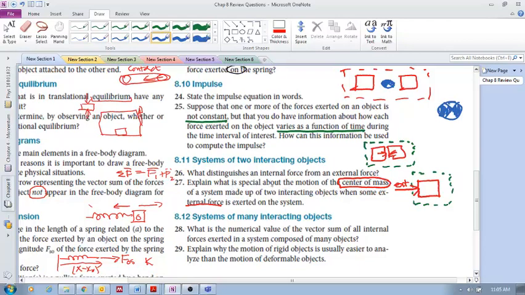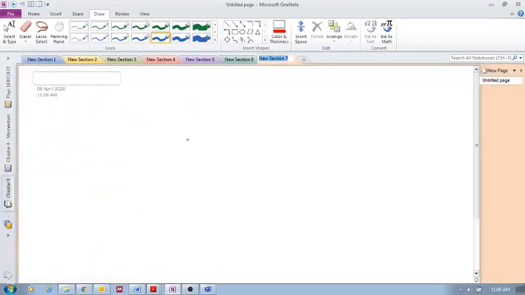Now, what is special about the motion of the center of mass if there's some external force? Let's just open up a new one.